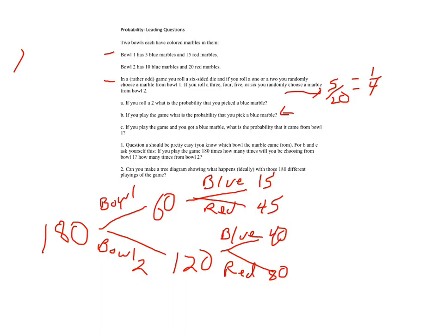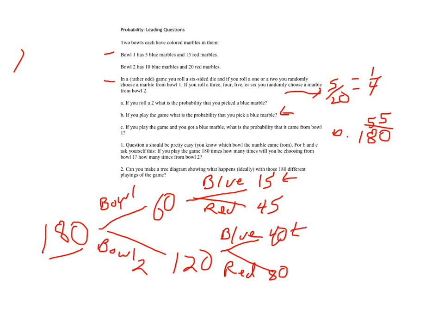Well, we have played the game 180 times, and we got blues 15 and 40, so the answer to question B will be 55 out of 180. And we could reduce that too, but we won't.